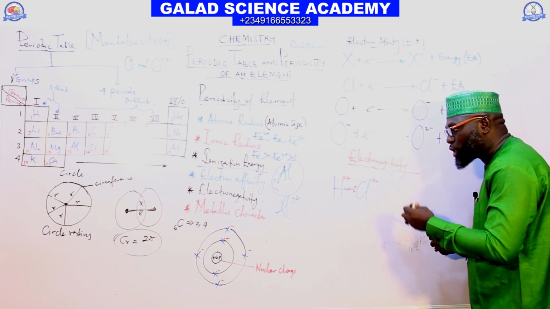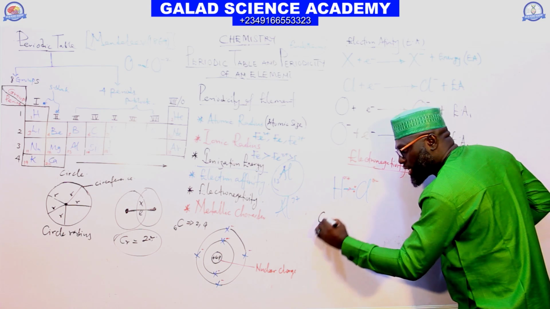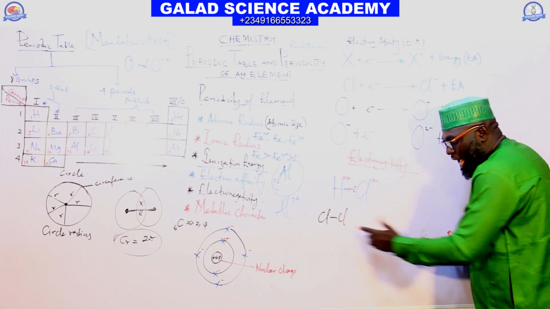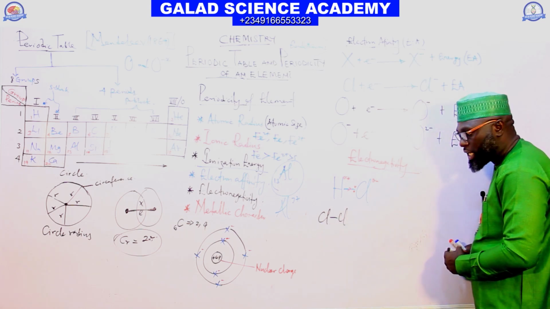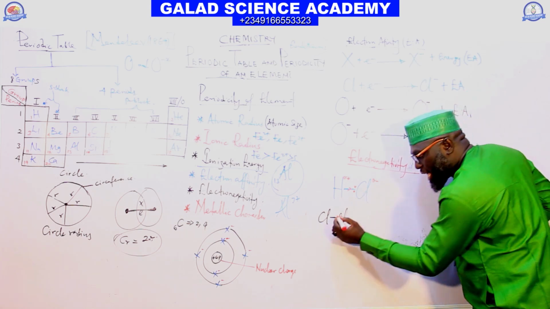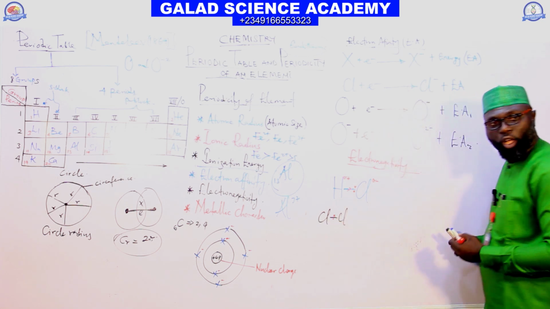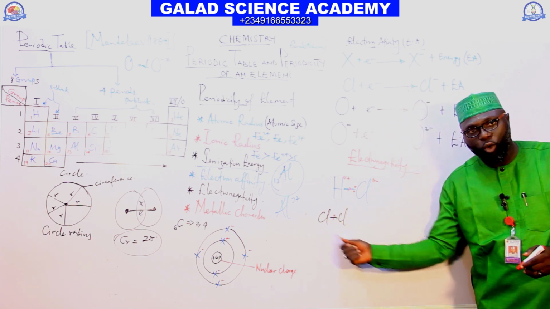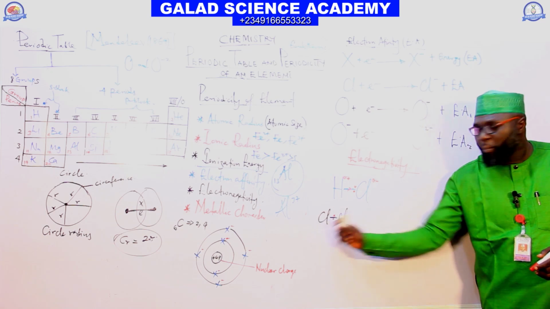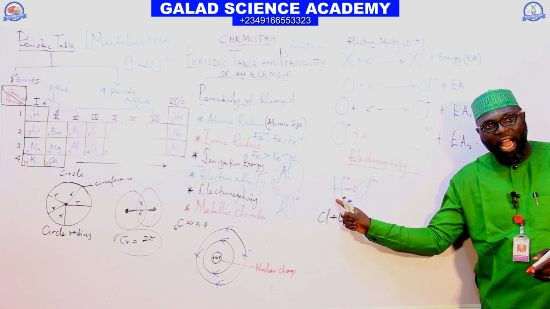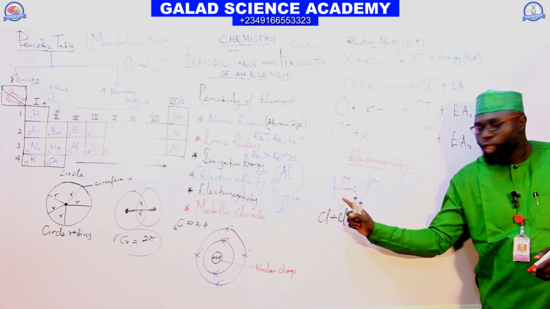But in the case of a chlorine molecule with chlorine molecule, they are elements of the same electronegativity. The bond electron here will be at the middle because they are a homonuclear molecule. But here, in a heteronuclear molecule, we have chlorine and hydrogen.